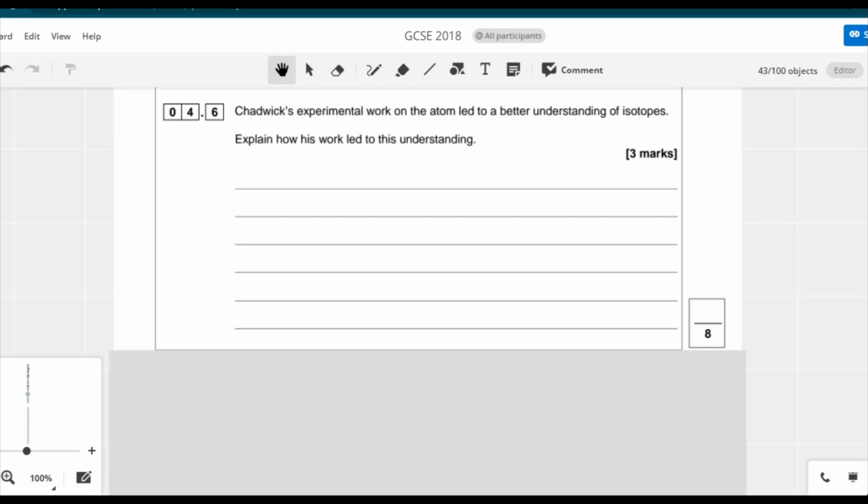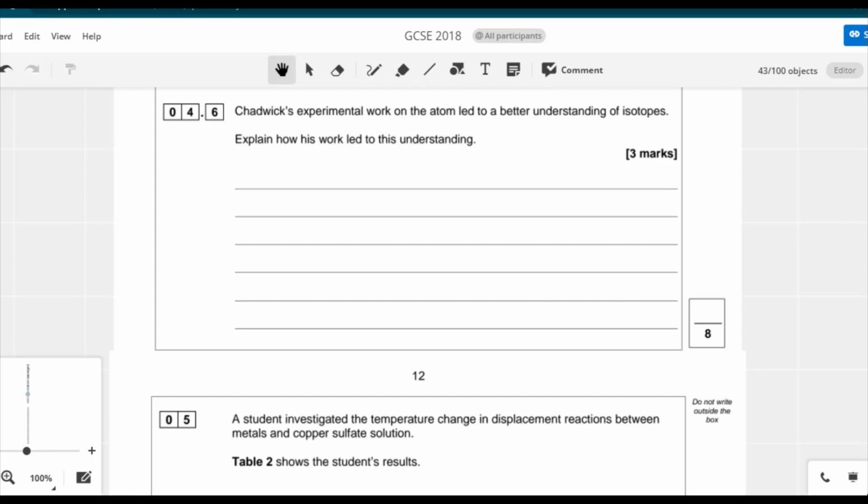Okay, 4.6. Chadwick's experiment work on the atoms led to a better understanding of isotopes. Explain how his work led to this understanding. This is a 3 mark question.